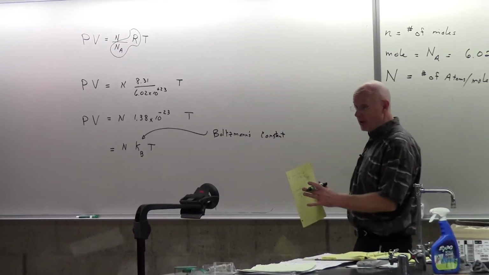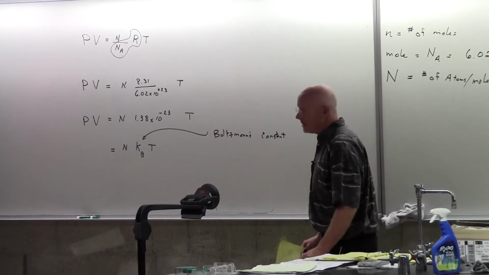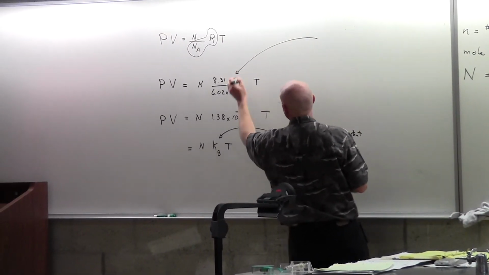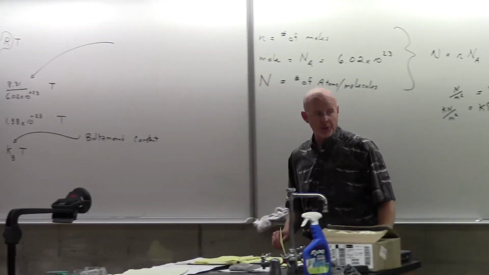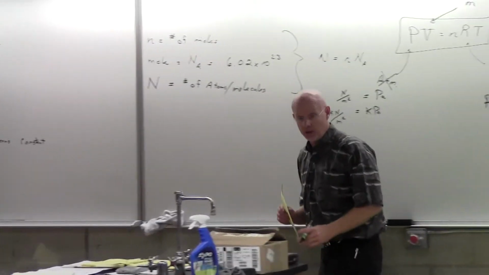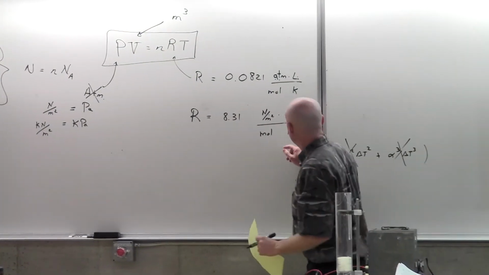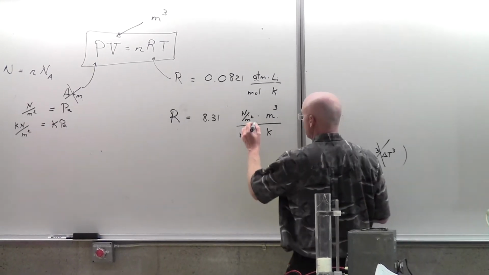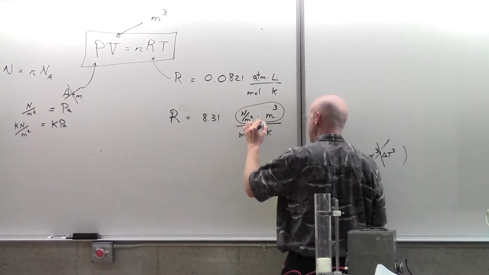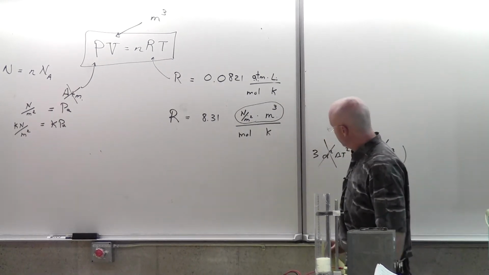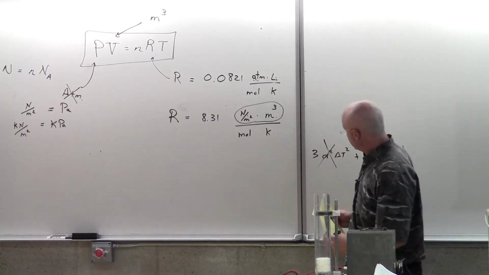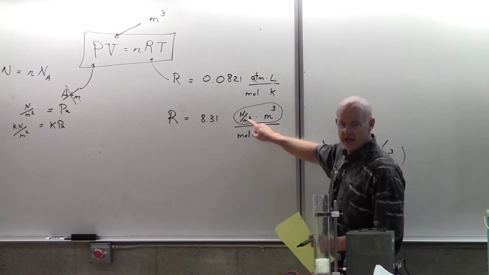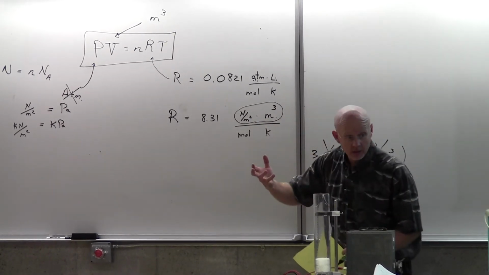I should mention the units here. What would the units be? Well, help me out here. What would the 8.31 be in terms of units? Well, we just did it here, right? In fact, maybe I'll simplify this a little bit. Yeah, 2 of those upstairs cancel with 2 downstairs. So isn't that a Newton meter, which is called a joule?